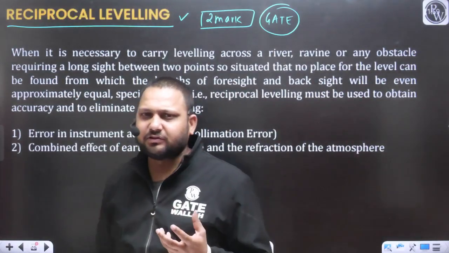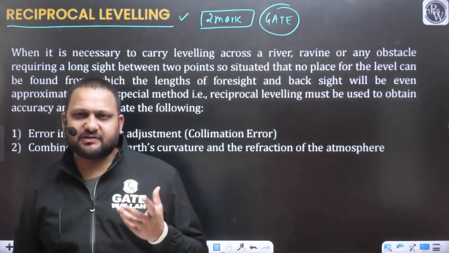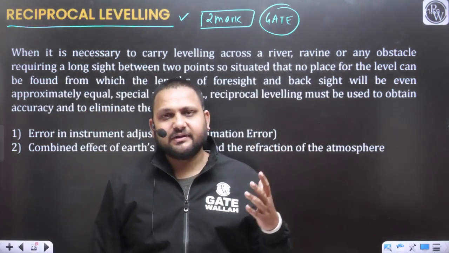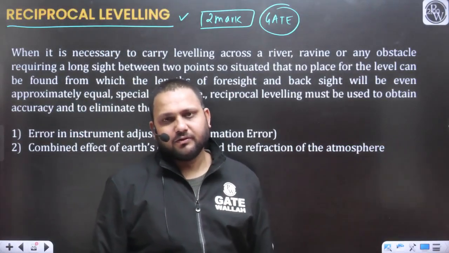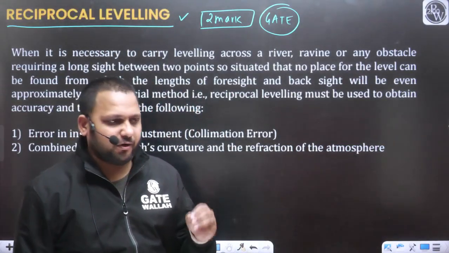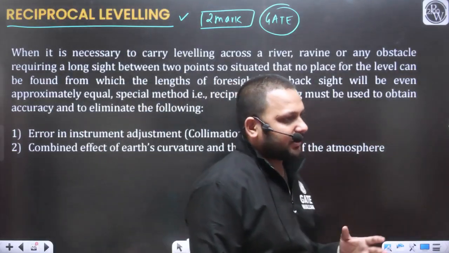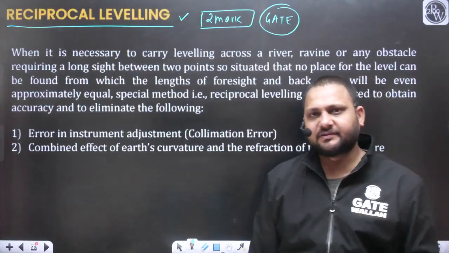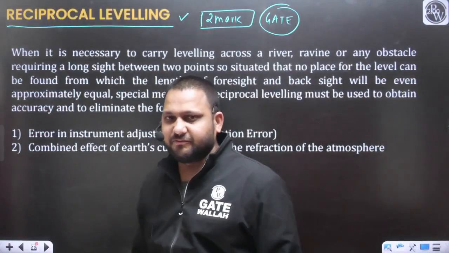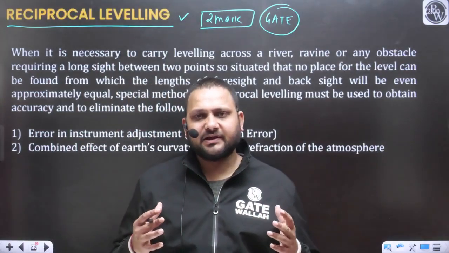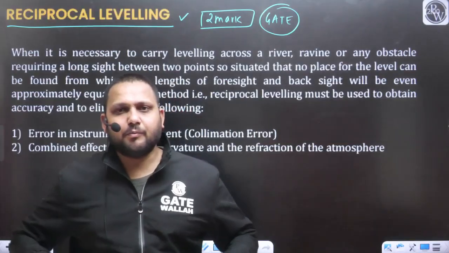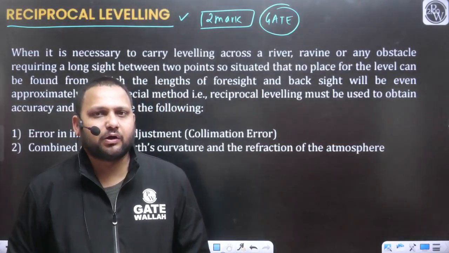That we already discussed at the start: plane survey is suitable for a small area. For a small linear measurement or a small angular measurement, you can consider the earth surface as a plane surface. But if we are talking about a large area or large measurements, there will be more error, and that error you cannot neglect.